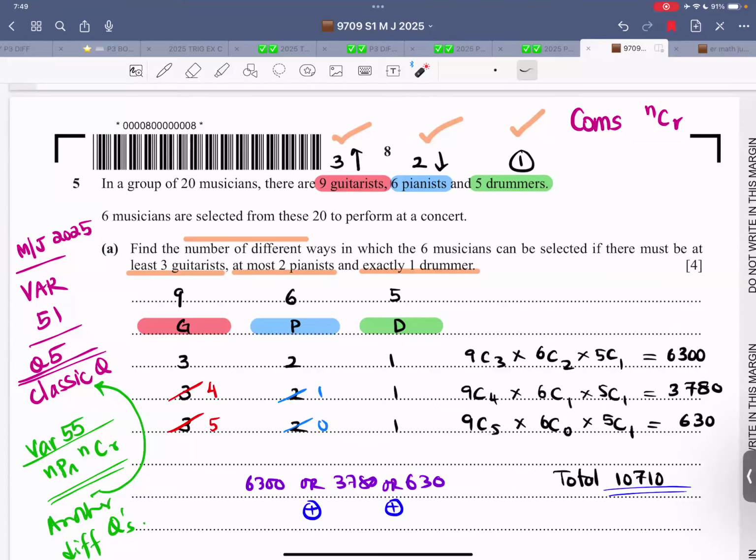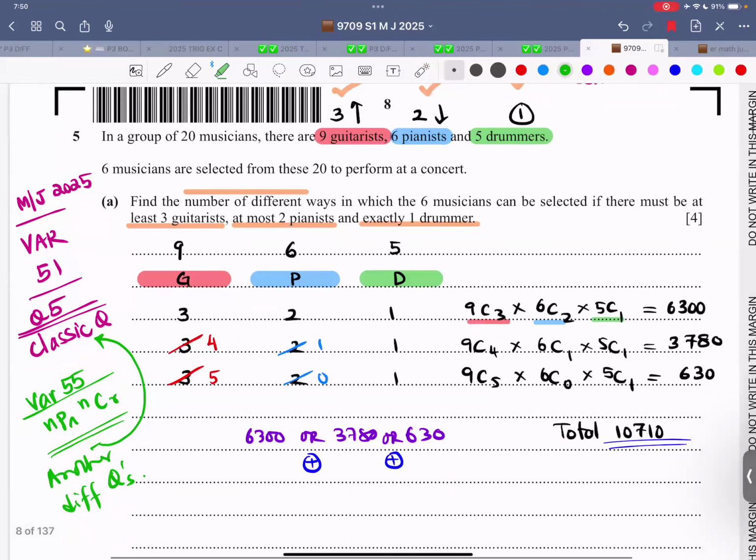So now it says that from 9 select 3, from 6 select 2, from 5 select 1. That is exactly what's written over here. From 9 we select 3, then from 6 we select 2, and then from 5 we select 1. Similarly over here, 5C1, 5C1, that is fixed.